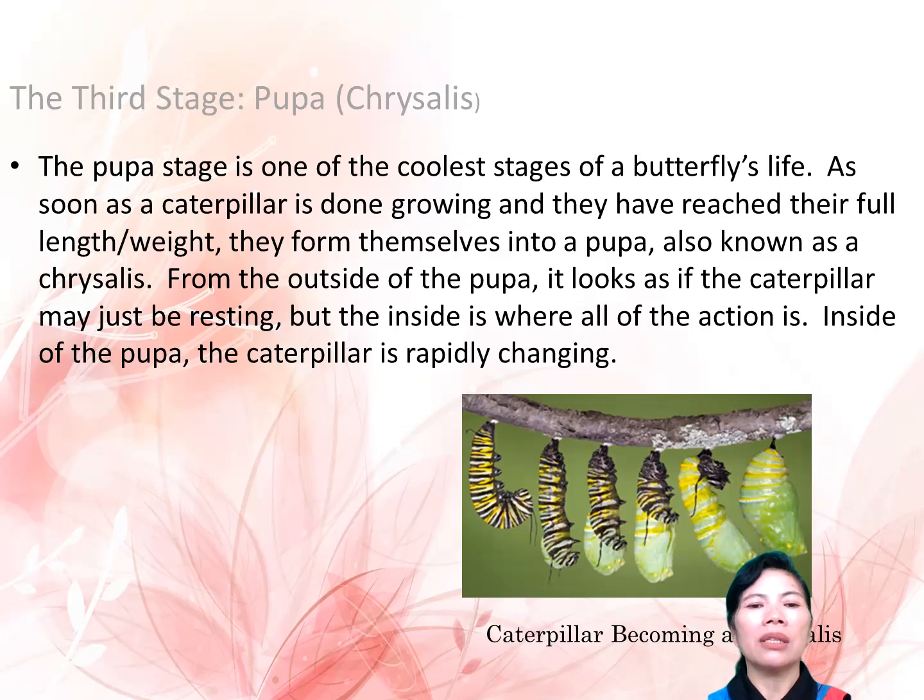From the outside of the pupa, it looks as if the caterpillar may just be resting, but the inside is where all of the action is. Inside of the pupa, the caterpillar is rapidly changing.